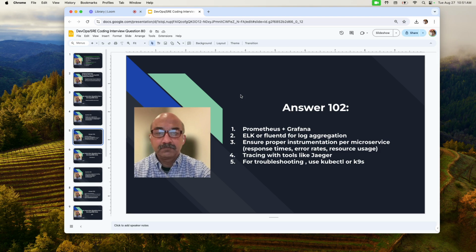So that's for metrics. Now for logging, we would use either ELK or FluentD for log aggregation. So you take all the logs from all the pods and all the services and send it to an ELK stack. If you don't know what ELK stack is, you should definitely find that out. It's very commonly used. I think it's Elasticsearch, Logstash, and Kibana, right?